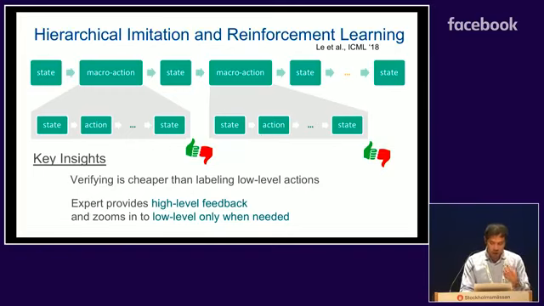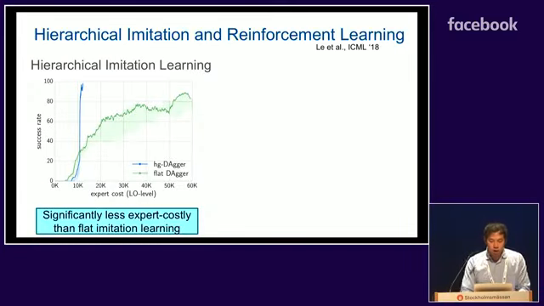Intuitively, when the agent has picked a good subtask but is not able to complete it, that's the only instance where the expert should really micromanage. We show that these ideas allow significant savings in teachers' effort, as measured by the amount of feedback provided.